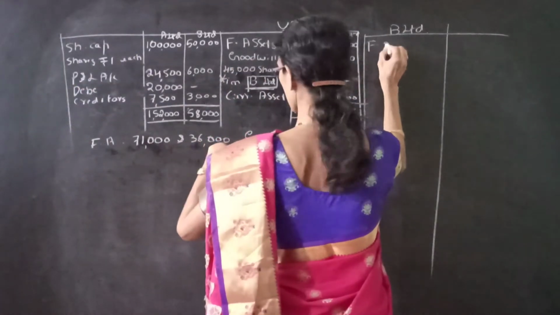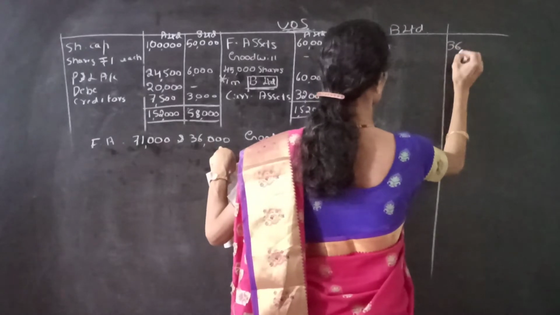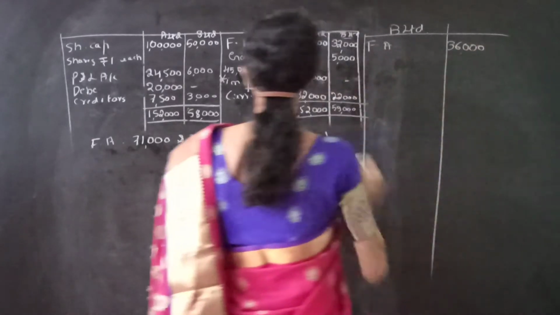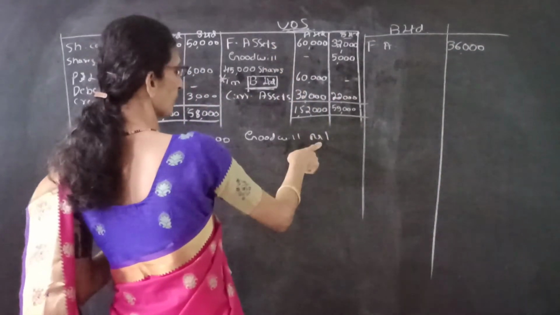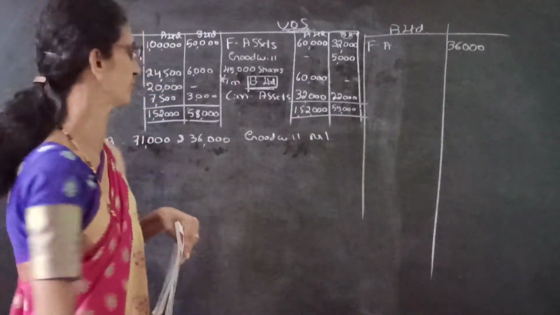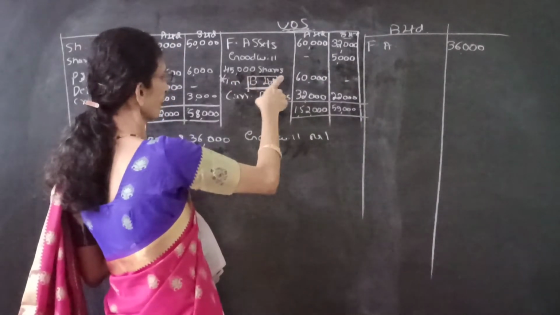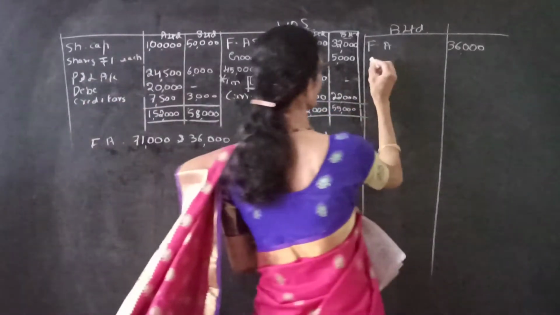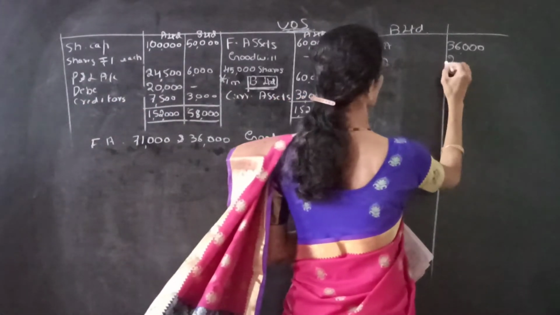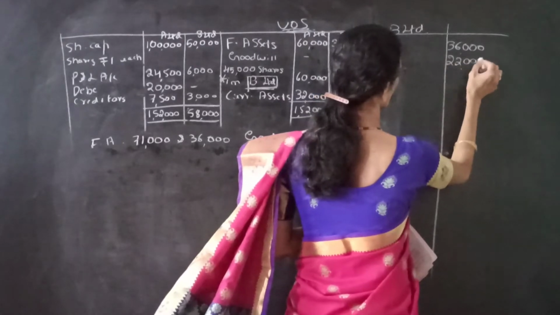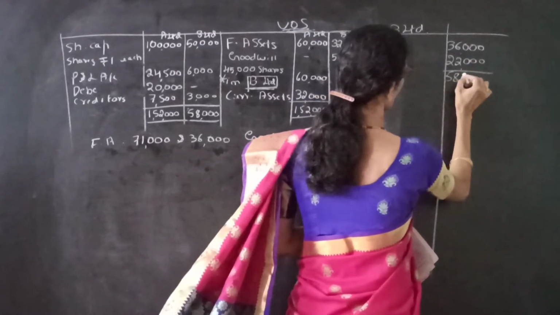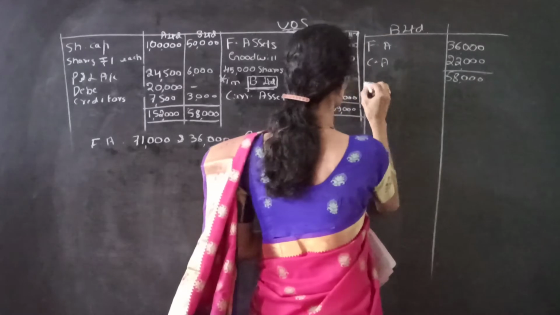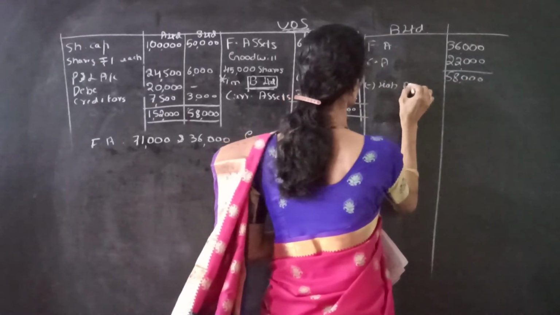Goodwill is valued at nil, so it is 0. The 45,000 shares are in limited, no amount. Current asset is 22,000. Total is 58,000. Less liabilities payable to outsiders.